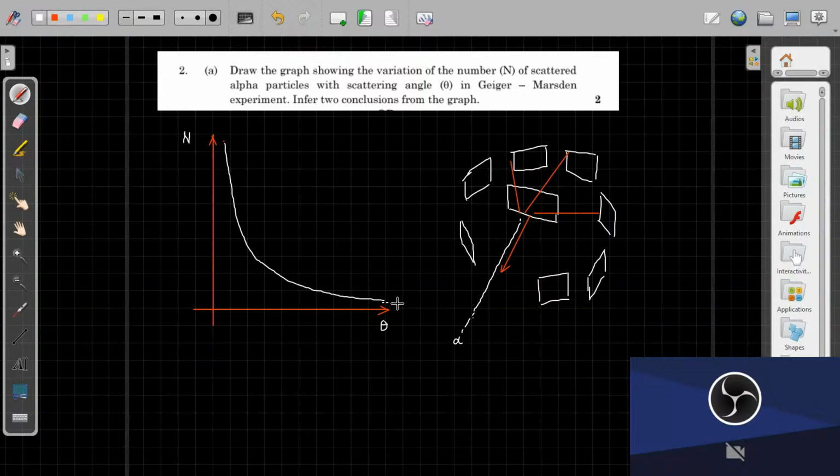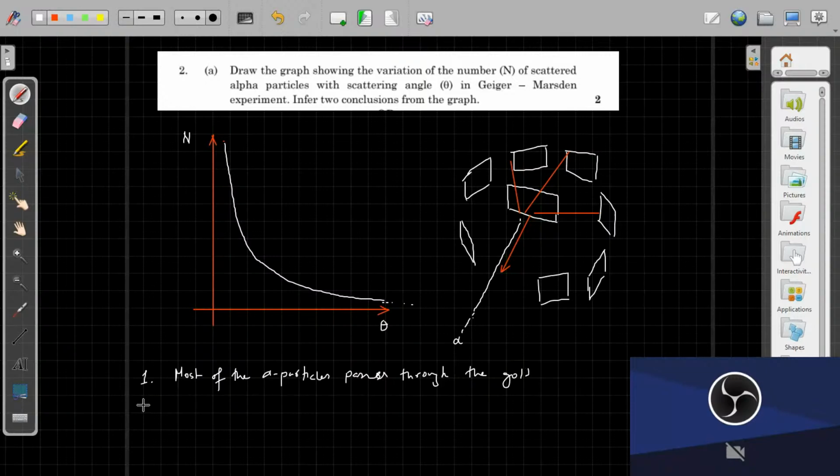First conclusion, what you can draw from the graph directly: most of the alpha particles pass through the gold foil. First thing, that is what he has observed.